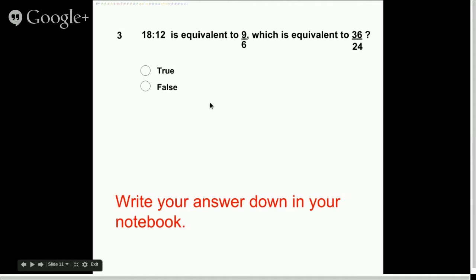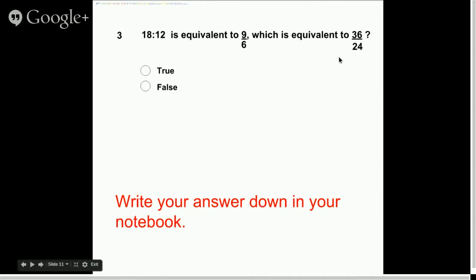All right. Are all three of these equivalent? Write your answer down in your notebook. Go ahead and pause it. All right. The correct answer to this one is true.